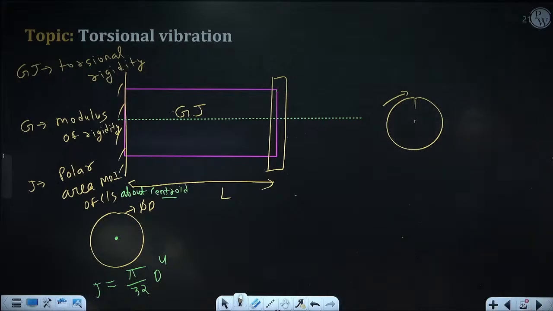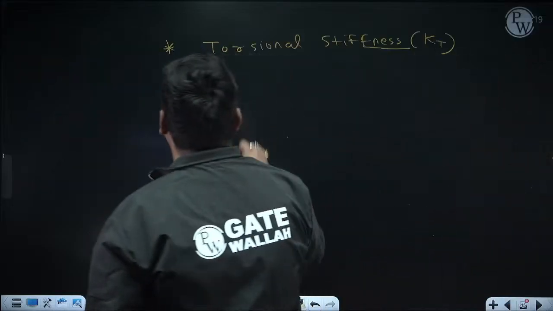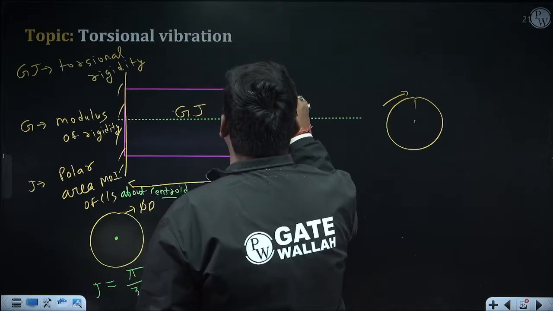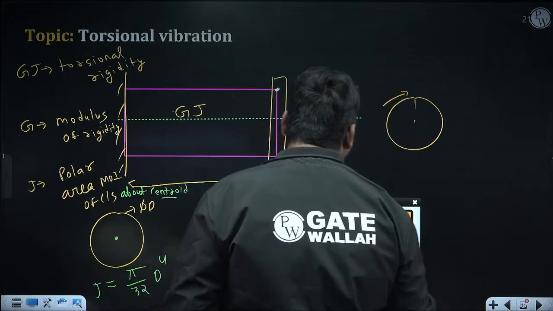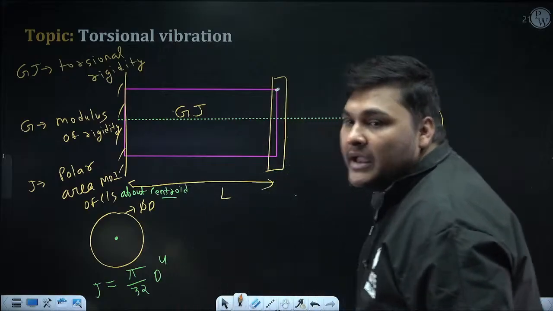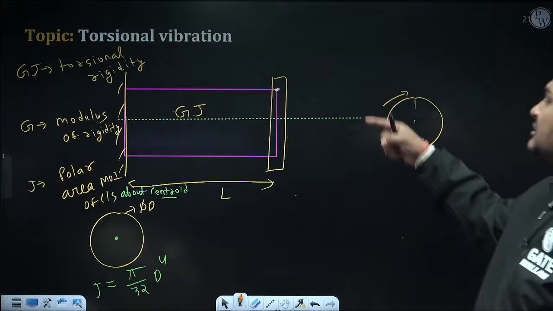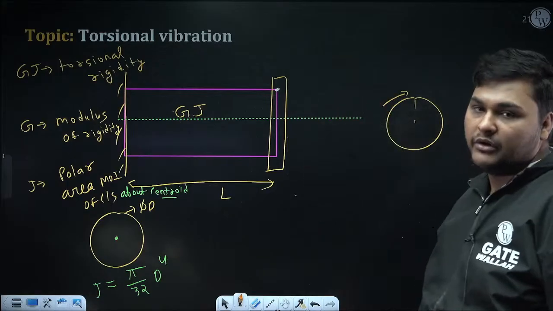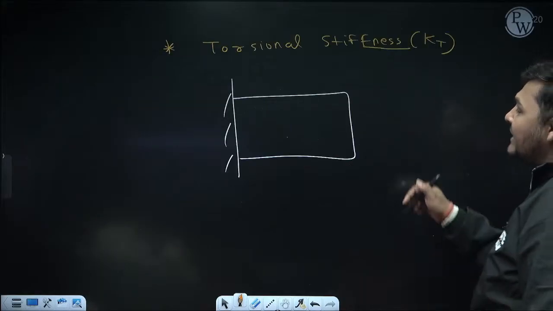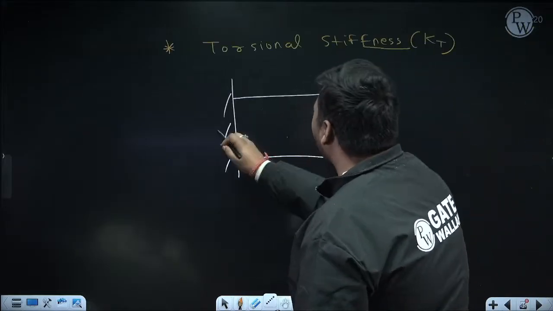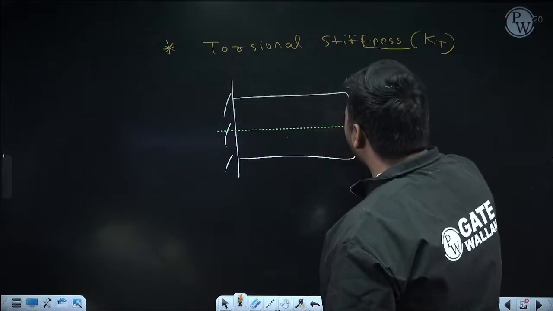Similarly, if I want to calculate the expression of torsional stiffness, at this point where the rotor is attached, I will apply a concentrated load about the longitudinal axis. Why about the longitudinal axis? Because here the vibration is occurring about the longitudinal axis. When you apply a load about the longitudinal axis, we need to apply a torque because here rotation is occurring.